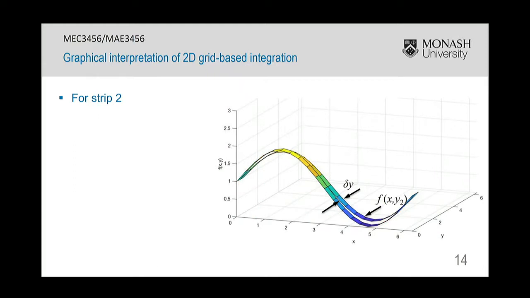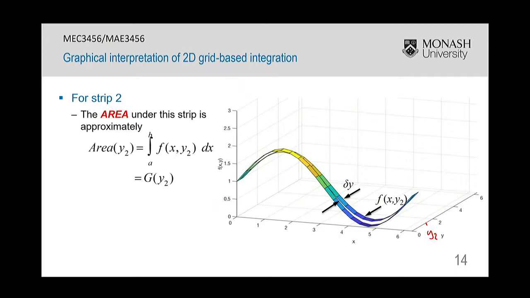For strip 2, we choose a value of y, that's y2, somewhere across here. We assume that the strip doesn't vary across its width. We then calculate the two-dimensional area under that strip, and it's approximately equal to the integral from a to b of f of x with y equal to y2, integrated with respect to x.